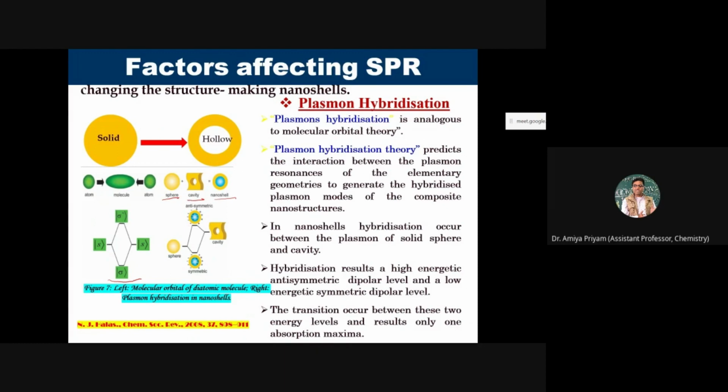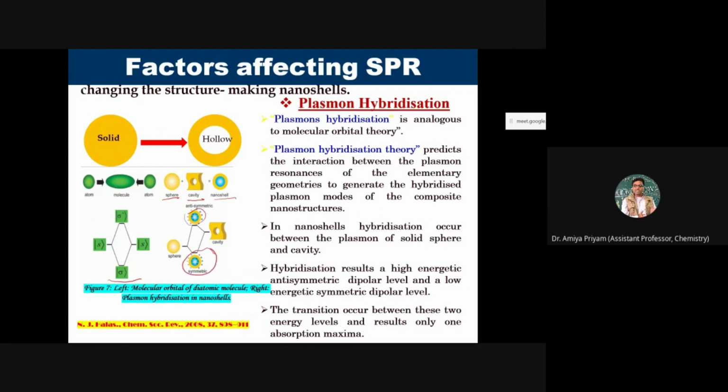In the nanoshell there are two surfaces, the outer surface and the inner surface. What we see in this scheme is the hybridization of the two surface plasmon resonance modes, inner surface and outer surface, and both of them get hybridized to give you symmetric and anti-symmetric dipoles. This is the lower energy and this is the higher energy.